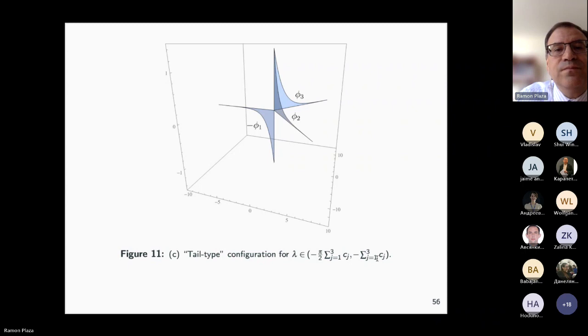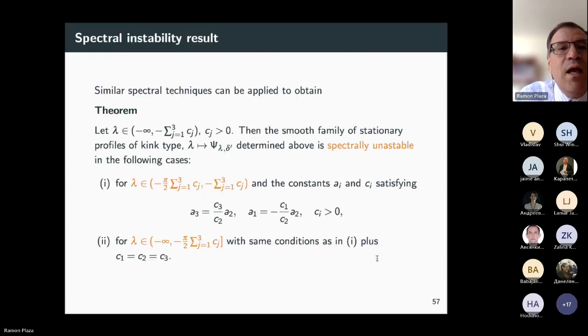Okay. And similar spectral techniques can be applied to obtain the following result. These kink type solutions are actually spectrally unstable if certain conditions are satisfied.